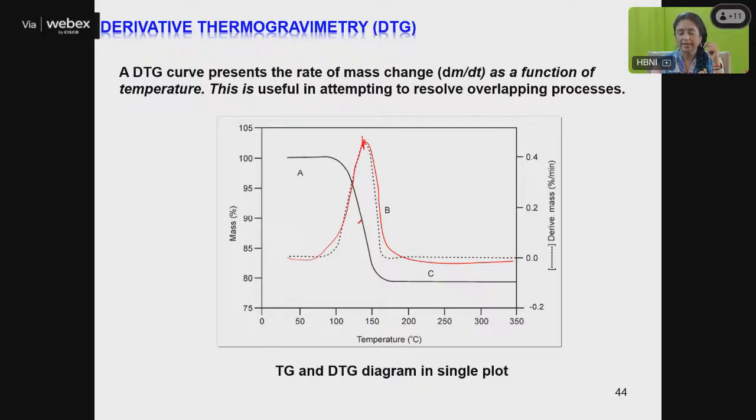Now the exact temperature where change is happening is difficult to know here. When it is a sloping curve, you have to find the middle point to know exactly where the change is happening. This can be known by DTG in a better way, because now it is a peak shape. So this point you can identify from this plot, and exactly where the transition is happening, you can know from this plot. So this is a TG and DTG diagram in a single plot I have shown you.